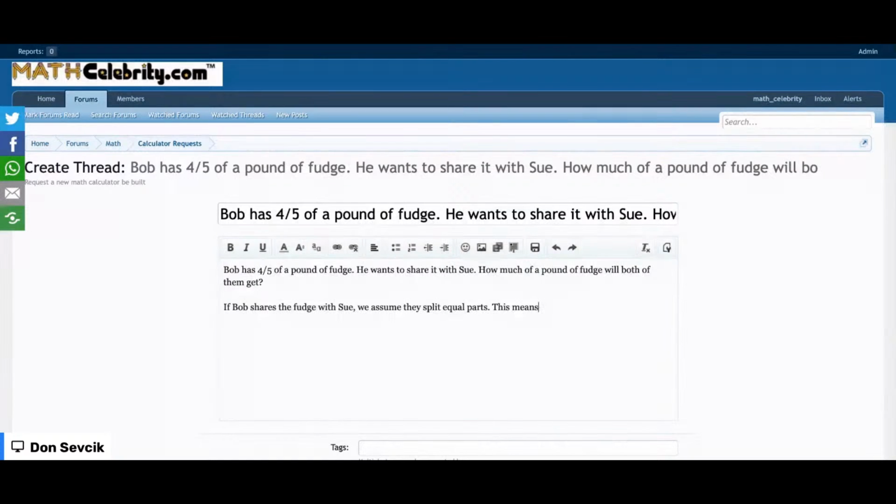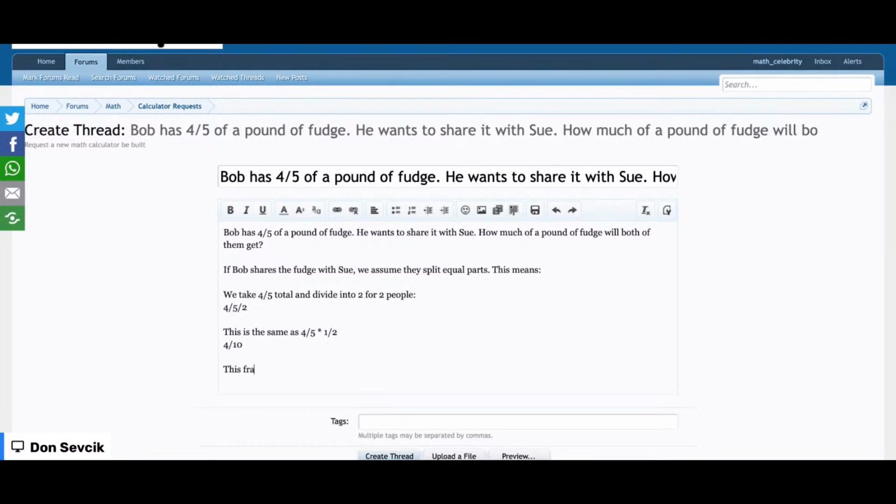This means we take 4/5 total and divide it into 2 for 2 people. 4/5 divided by 2 is the same as 4/5 times 1/2 because we can multiply by the reciprocal, which is 4/10.